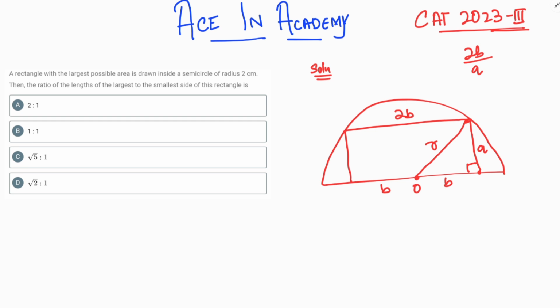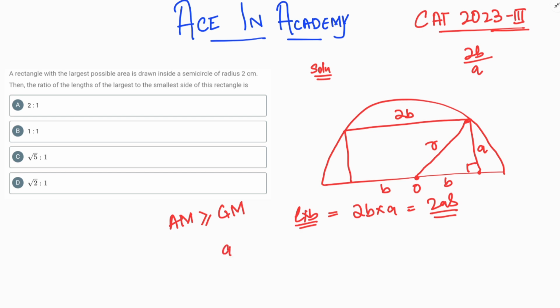Now we are given that the rectangle is of the maximum possible area. And what is the area of the rectangle? It is equal to length into breadth. So in our case, it is equal to 2b into a, which is equal to 2ab. Now we can find 2ab's maximum value by using the property that AM is always greater than or equal to GM.